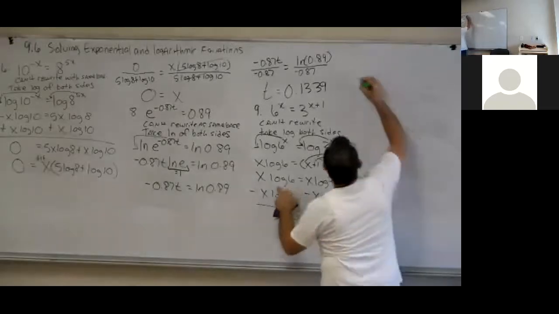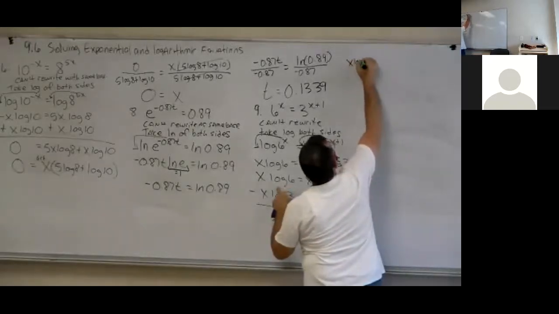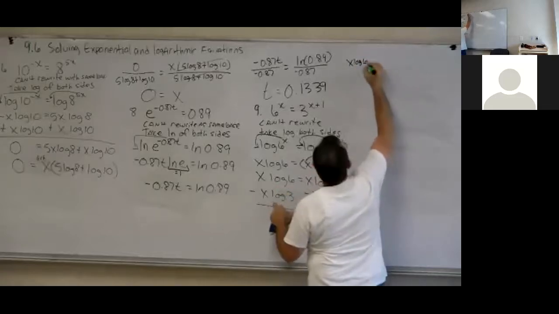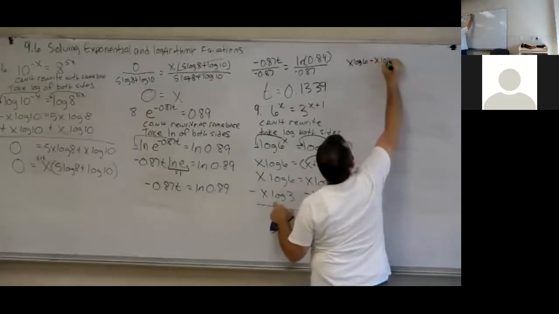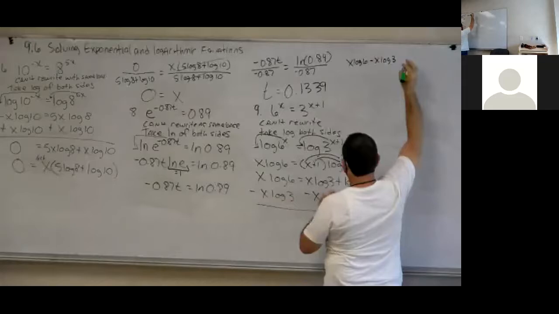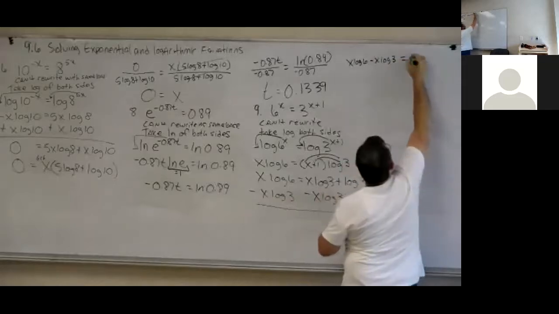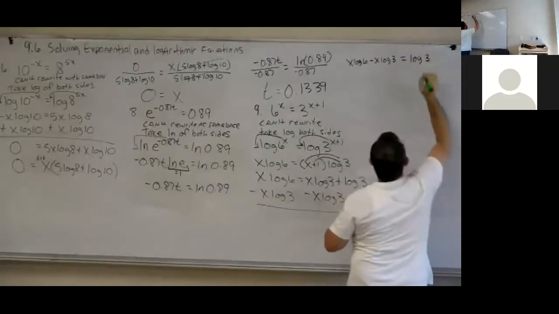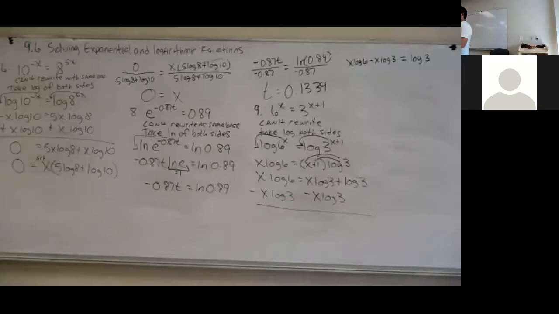So I'm going to get x log 6 minus x log 3 equal to log 3. So I shall ask y'all again, how can I take both them x's and turn it into one x? Greatest common factor. Same thing I did on number 6.